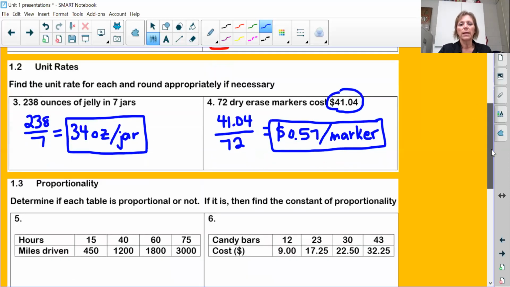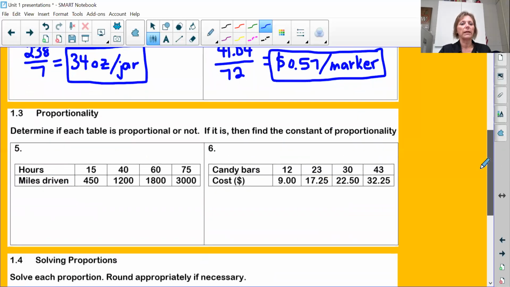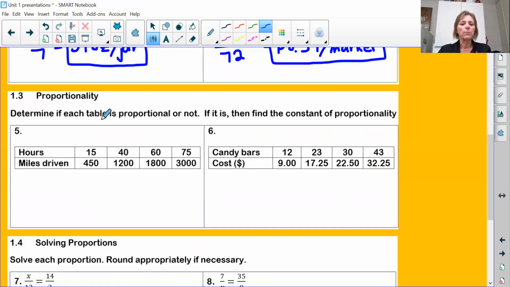Okay, next, moving on, we learn proportionality next. Determine if each table is proportional or not. If it is, then find the constant of proportionality. So we're going to find the unit rates for each, and then compare.